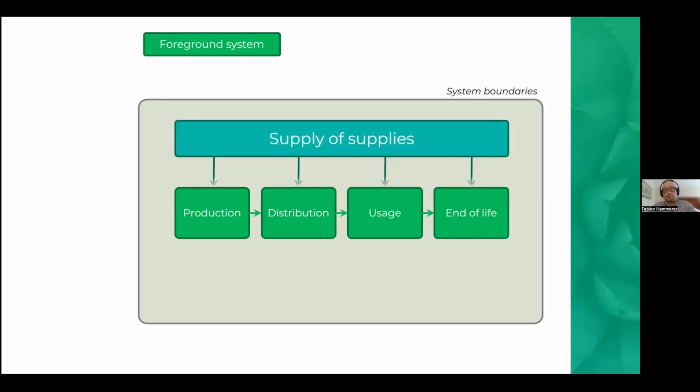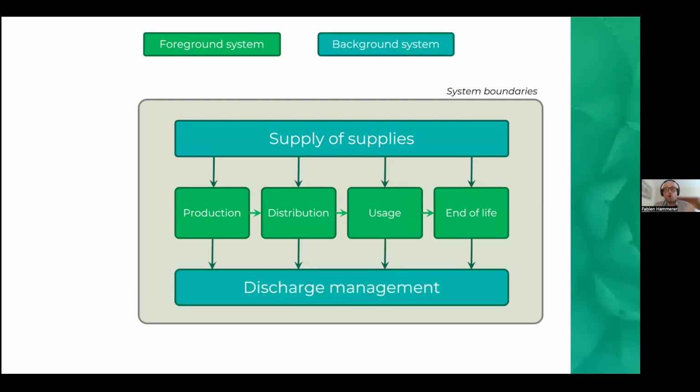So how these phases that are targeted on the product are actually fed by another system that is deeper, that we can call the supply of supplies. So how things are made so that they feed into the life cycle of the product, and how each of these phases also generate waste into what is called a discharge management.